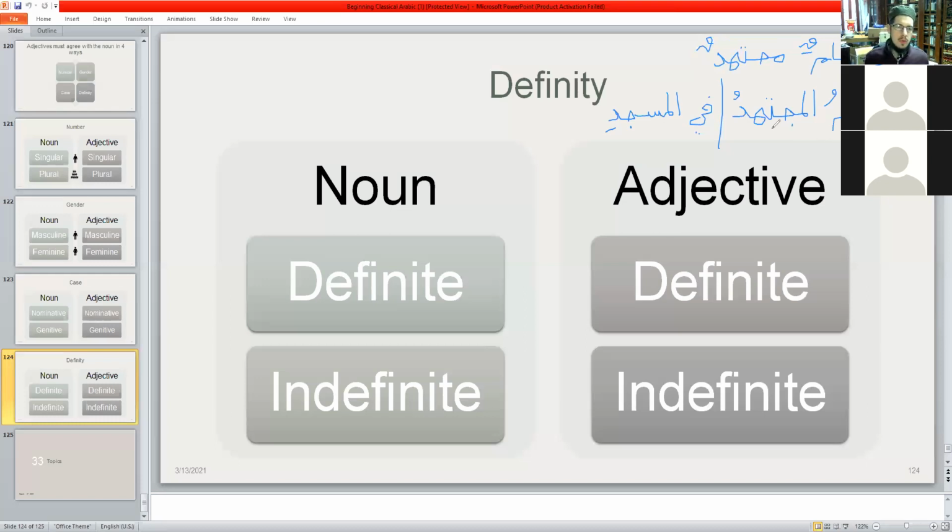Al-muslimu al-mujtahidu. Since Muslim is definite, and we can tell it's definite because it has alif lam, and it only has one dhamma instead of two, then the sifa which describes it has to mirror that completely. We put an alif lam on it, al-mujtahidu, and it will only have one dhamma instead.